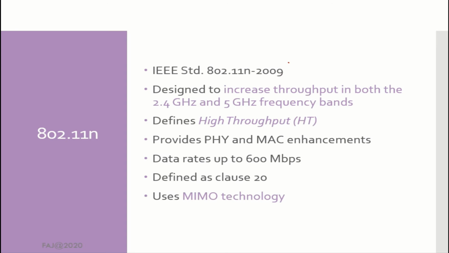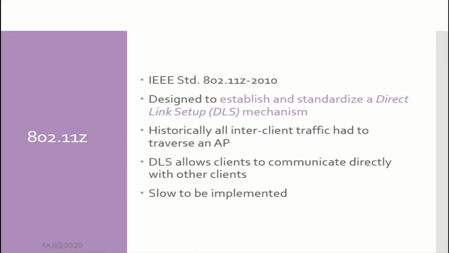802.11n 2009, designed to increase throughput in both the 2.4 and 5 GHz frequency bands. It defines high throughput, data rate up to 600 megabit per second, and uses MIMO technology. 802.11z 2010, designed to establish and standardize a direct link setup, TDLS, mechanism.